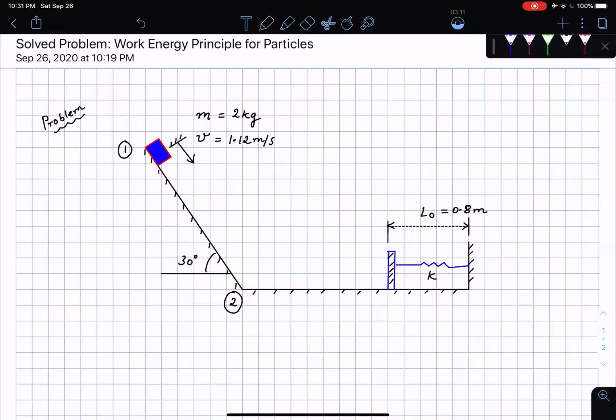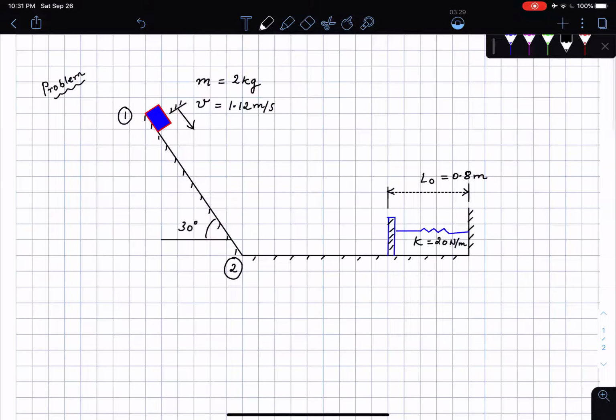So let me write that out here: 20 newtons per meter, the stiffness of the spring. What am I supposed to do in this problem? The box travels starting from point 1.